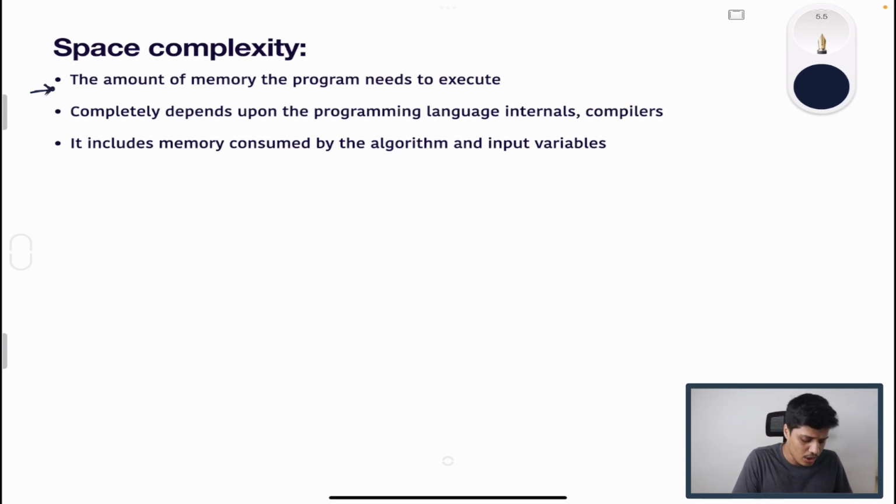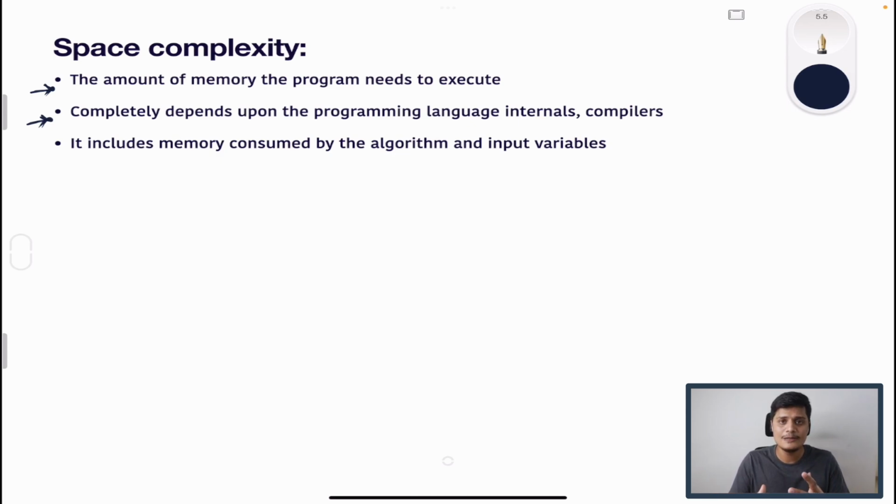Now the important thing that we have to remember whenever we talk about the space complexity analysis of an algorithm is that it is completely dependent on the compiler and the programming language that we are using. Why? Because whatever the data types we have and the internal structures inside the programming language and its respective compiler, they will be different for different languages.